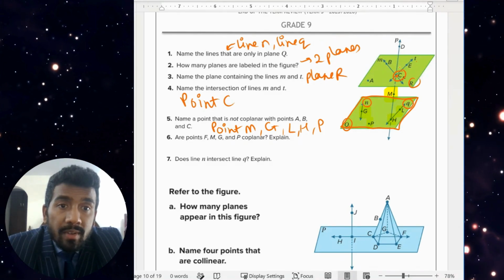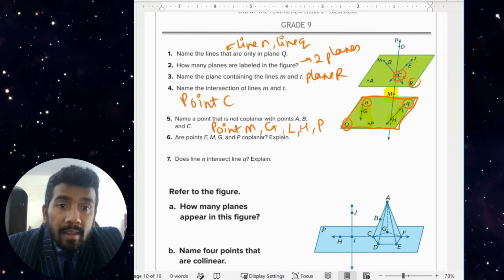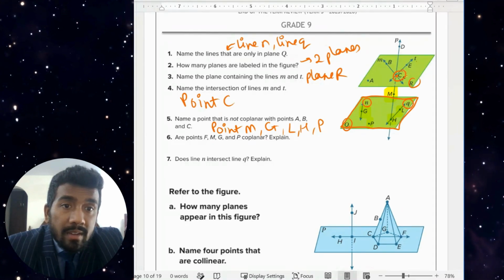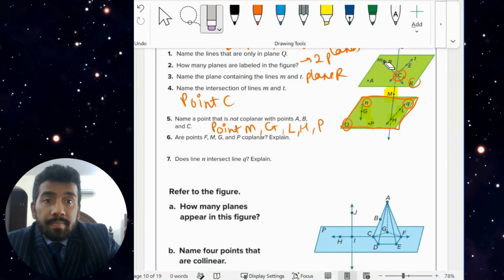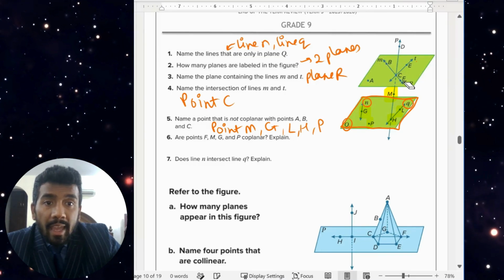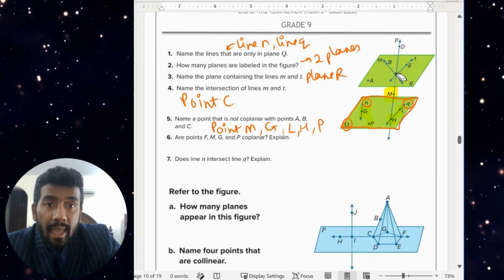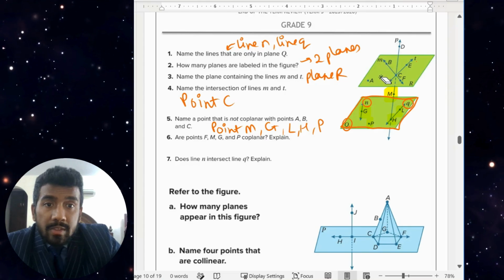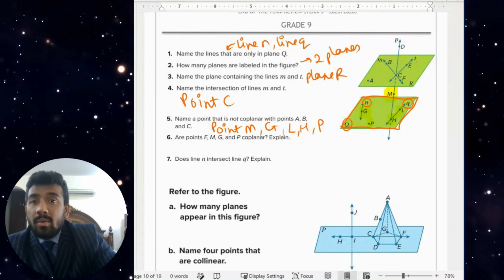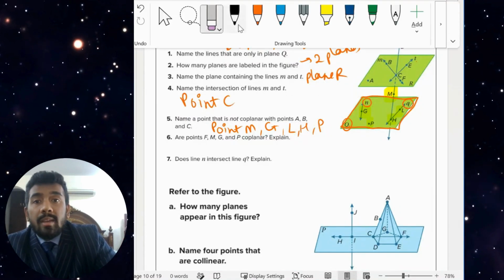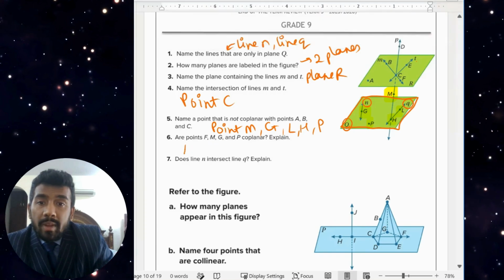F, where is F? F is here. Oh, sorry, it's overlapped. Let me erase it. So you see, F, M, G. Oh, it straight away came in another plane. So are they in one plane? No, they're not in one plane. Why? Because they are in two separate planes. The answer is no.